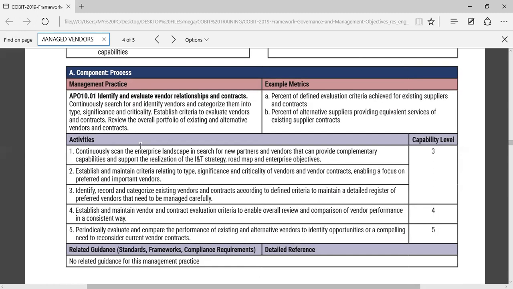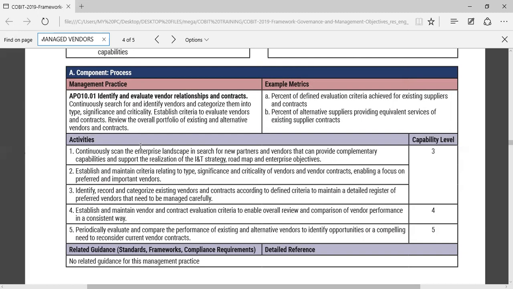There's what I call vendor obsolescence. It's also possible that your vendors become obsolete over time, so they get rusted, kind of. That's why you need to keep on searching, keep on being on the lookout for new partners, new vendors, new relationships that can help to drive your I&T strategy.